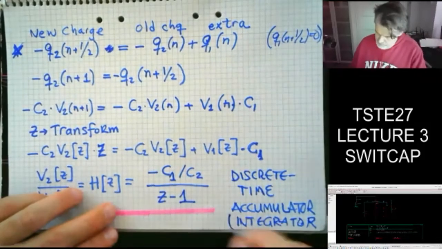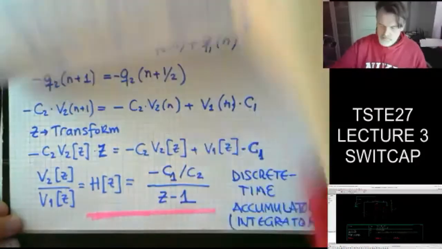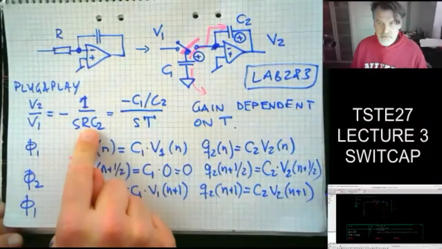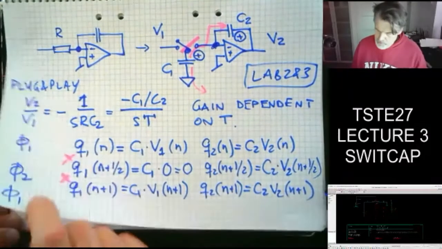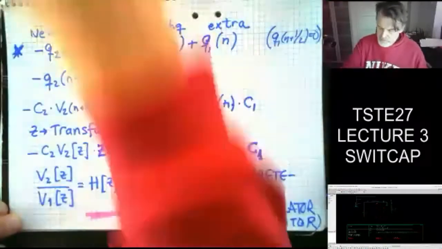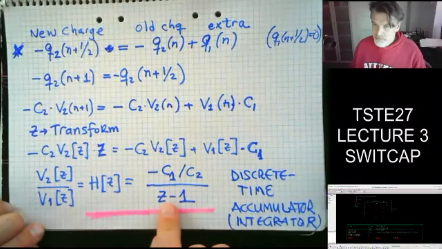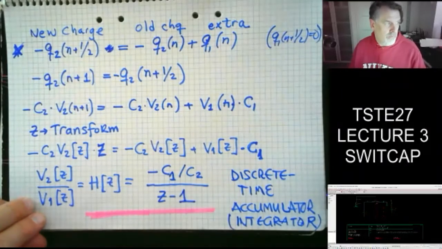And we know it's an integrator because that's exactly what we mimicked. We have 1 over s something. So in the continuous time world, it's an integration. In the discrete time world, I should say, this is an accumulator, the z minus 1 functionality.